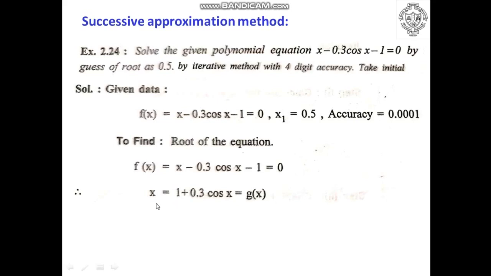So I will get equation as x is equal to 1 plus 0.3 cos x is equal to g of x. That is, g of x can be written as x is equal to 1 plus 0.3 cos x. So try to understand this particular formula is nothing but g of x, and can be considered to find out next approximated root, that is x2.